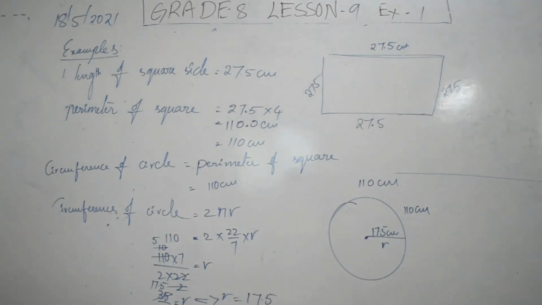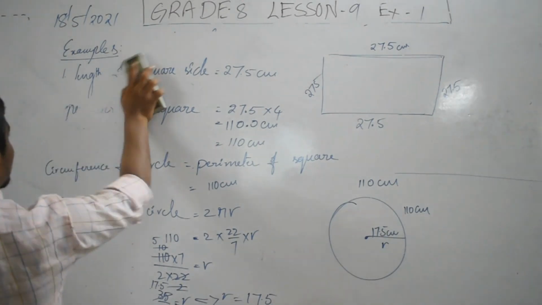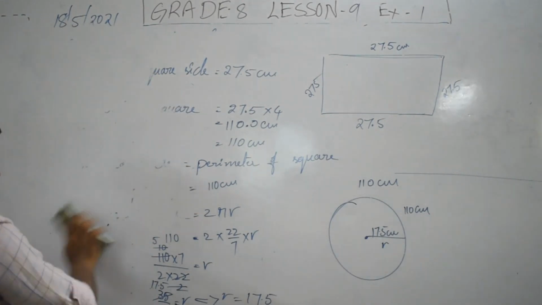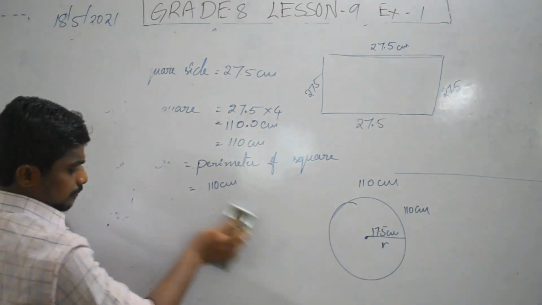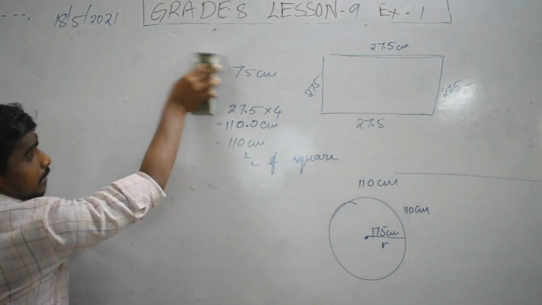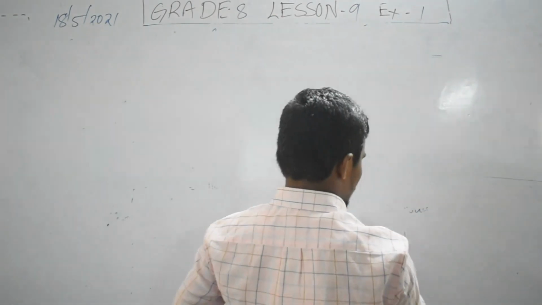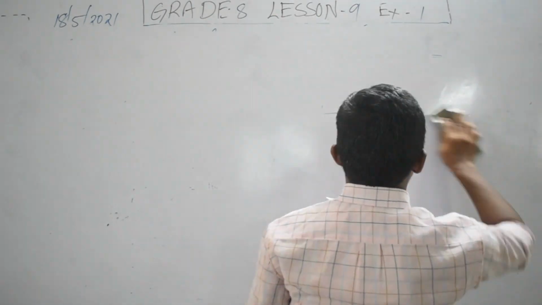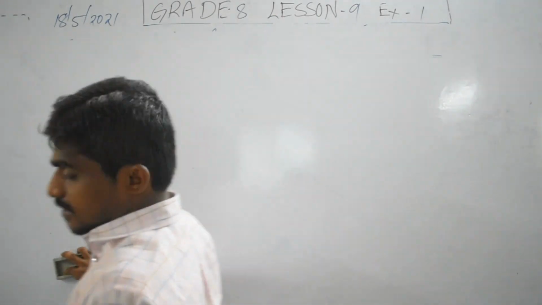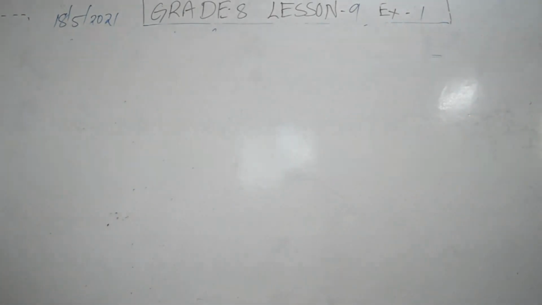Next one. Tomorrow we will finish the 9th lesson. Next one here, see. The circumference of the circle is 22 centimeters.